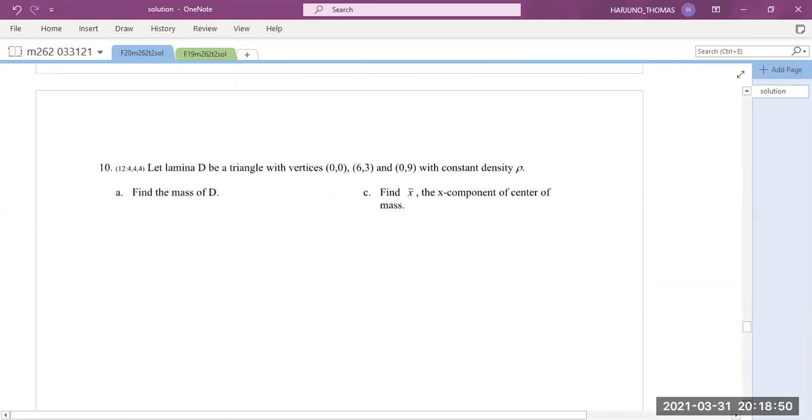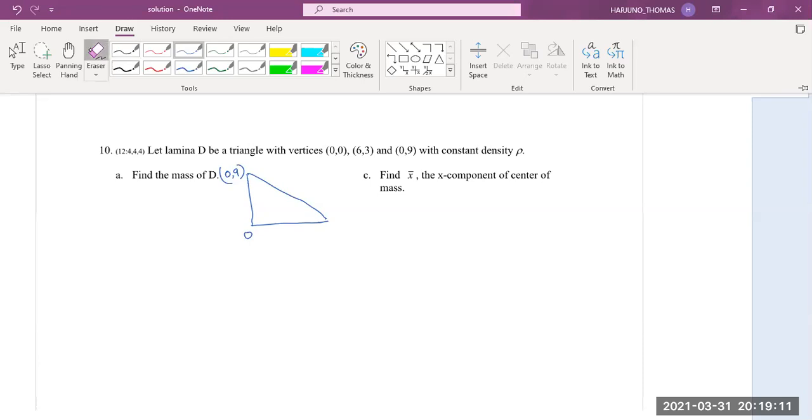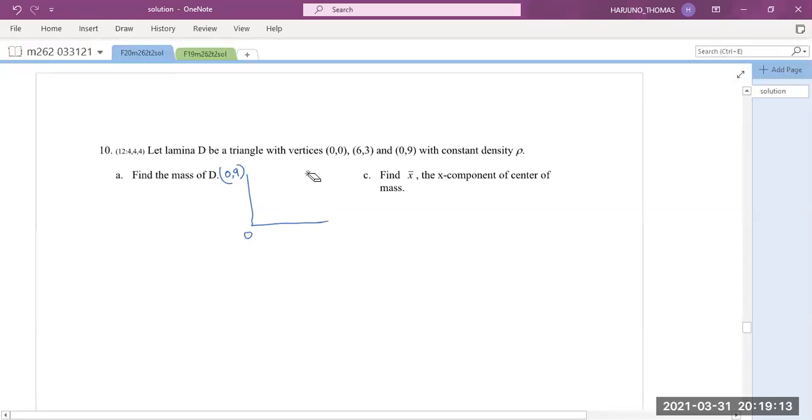Number 10, let the lamina D be a triangle with these vertices and constant density. Find the mass of D. You know what? Let me draw it first. That's 0, 0, 0, 9. And actually, that's incorrect. And then 6, 3.